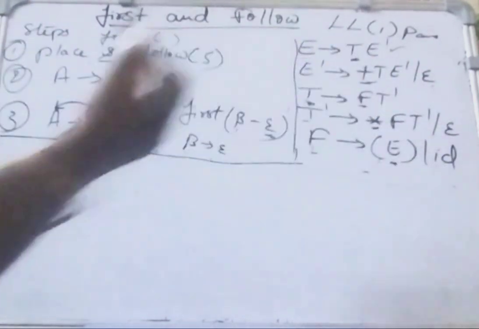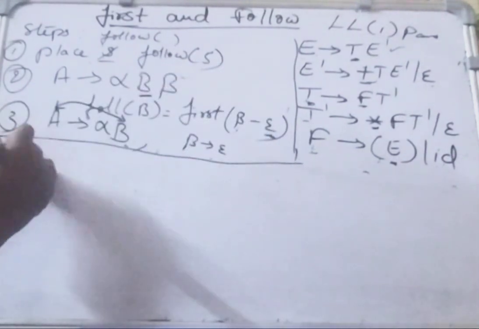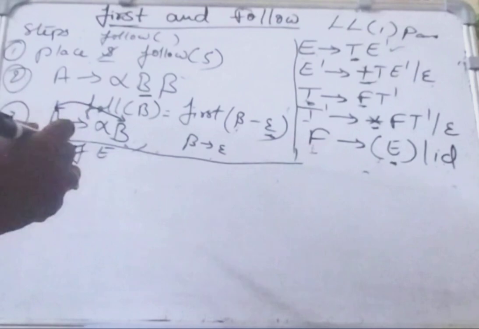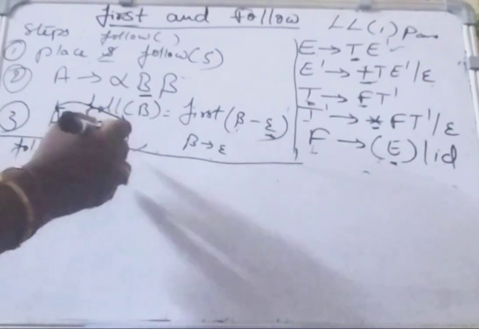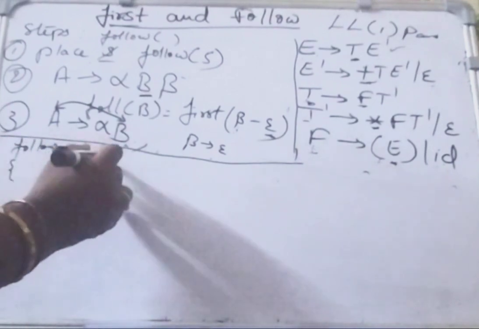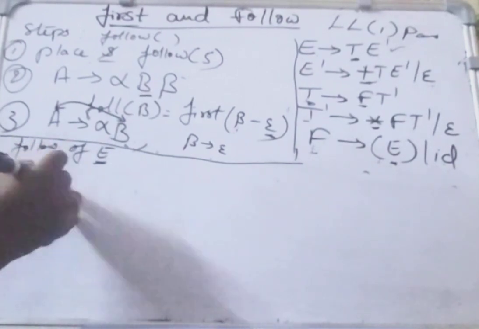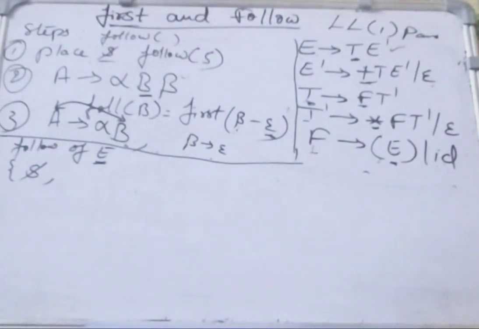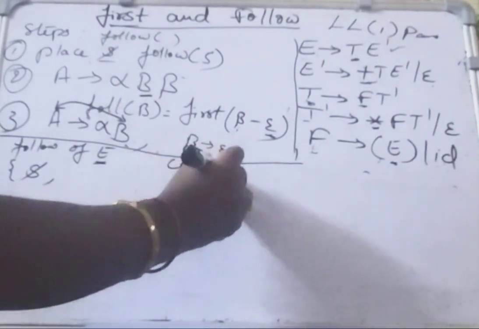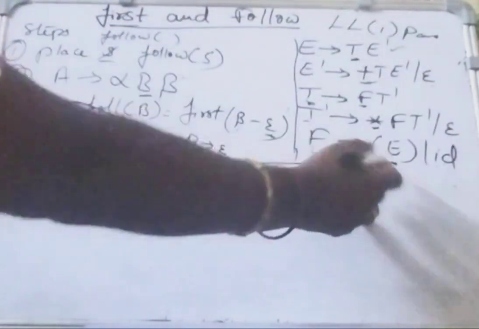So just observe. Consider now, I am going to find follow of E. Since E is my starting symbol, the first thing is what? I should add dollar in follow of E, the first one. Next, consider the production where the symbol E is present at the right hand side.